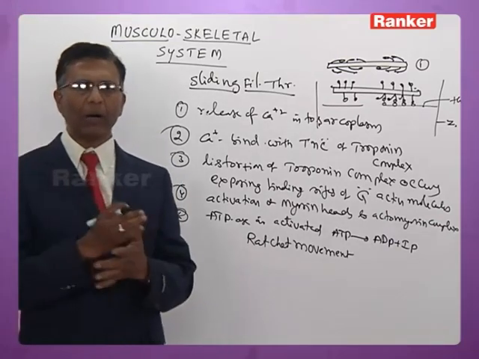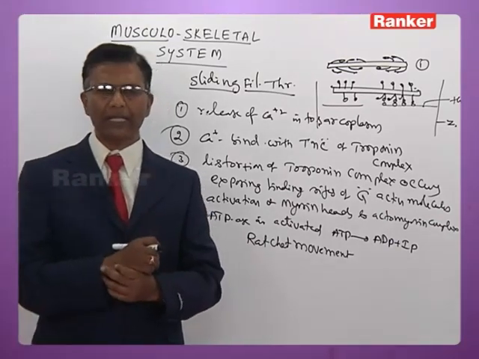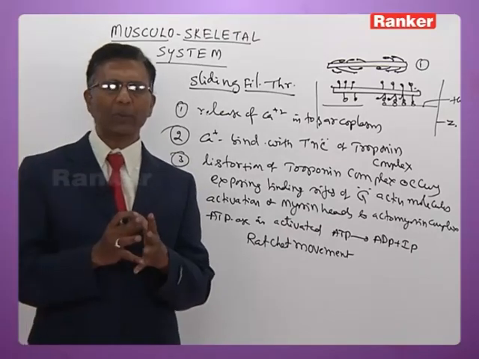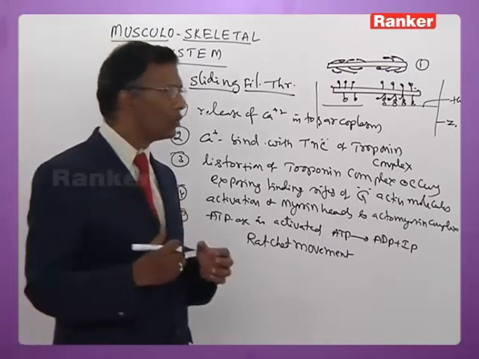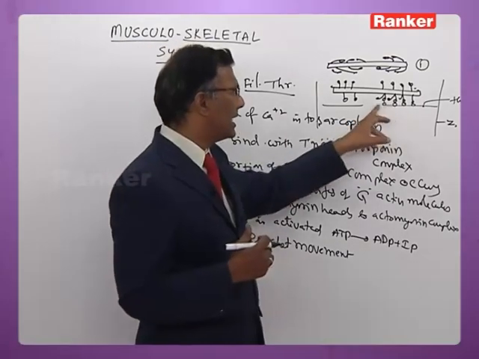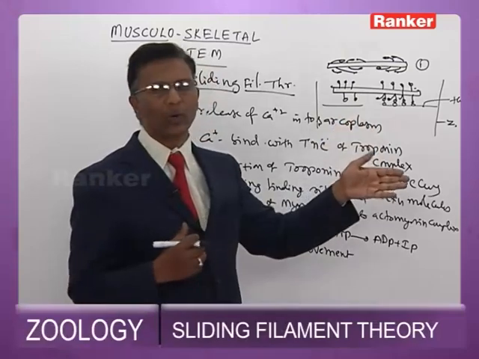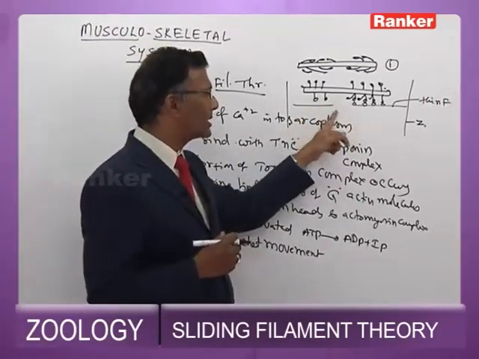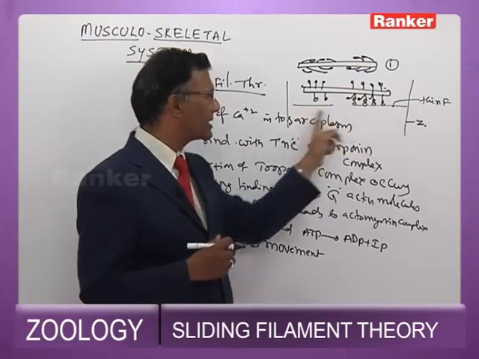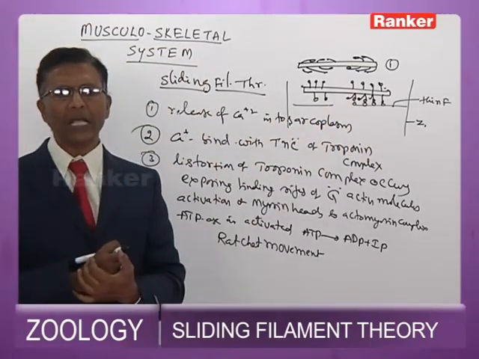Now dear students, remember again, from the EAMCET, COMEDK and other exams point of view, you must remember these points. The changes that occur during the contraction process: during contraction, the thin filaments are pulled towards the H zone by means of myosin filaments. Along with the thin filaments, the Z lines are also pulled towards the H zone.